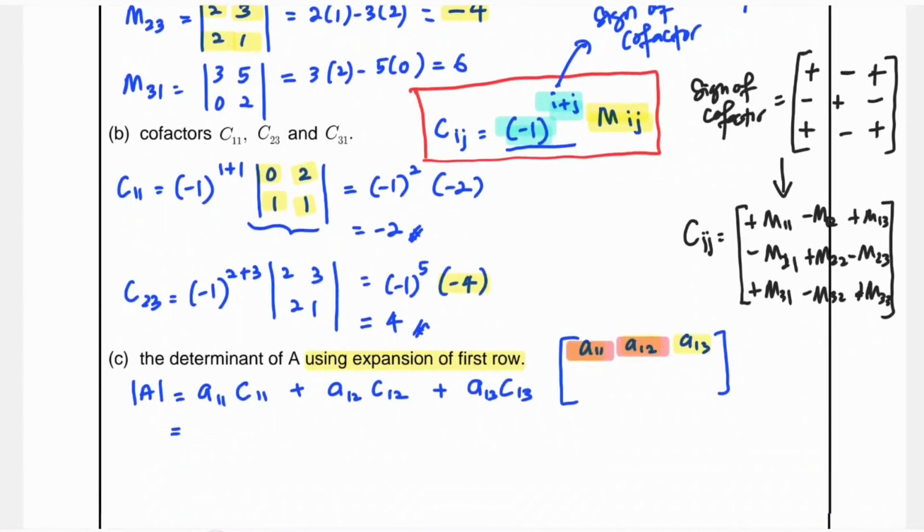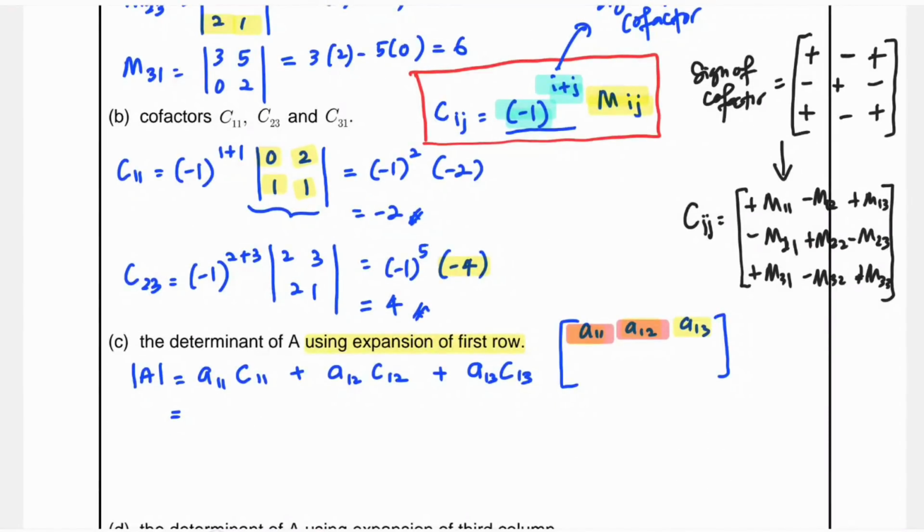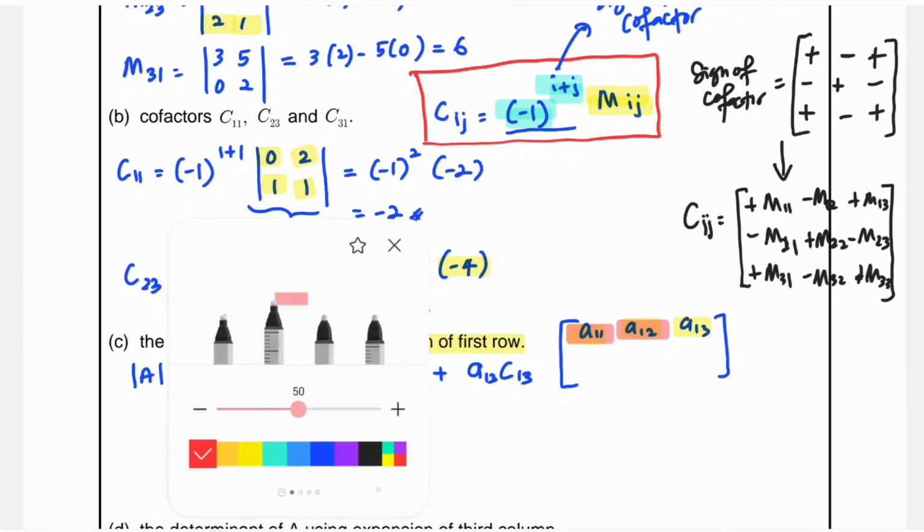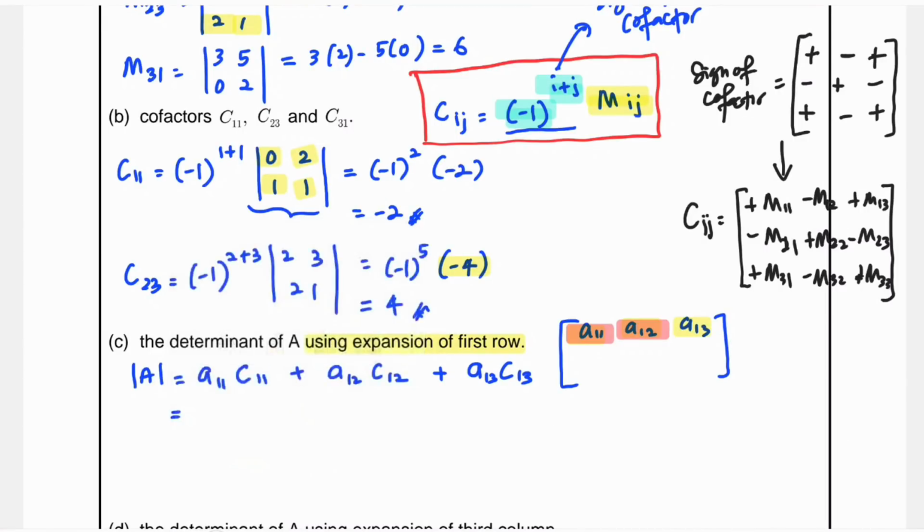So back to the question we wanted to solve just now, which is the determinant of A. Since we are focusing on the first row, A11 is just A11. C11 is equal to positive M11.